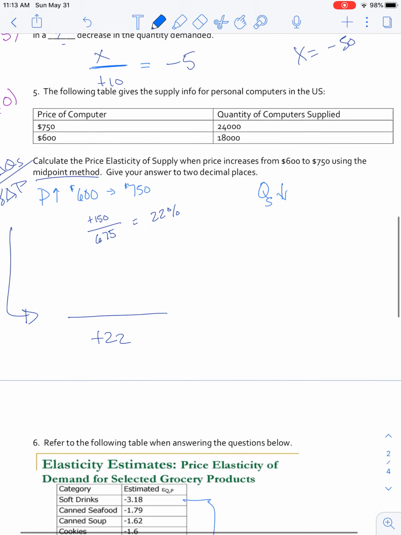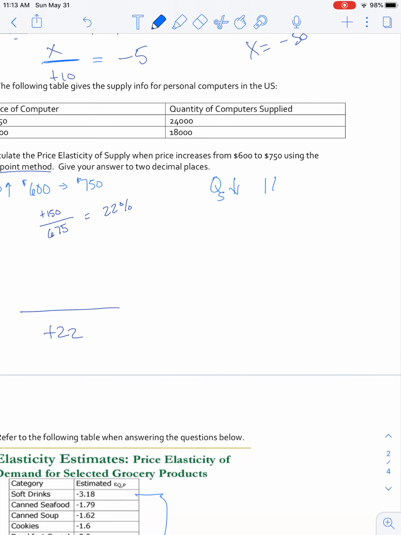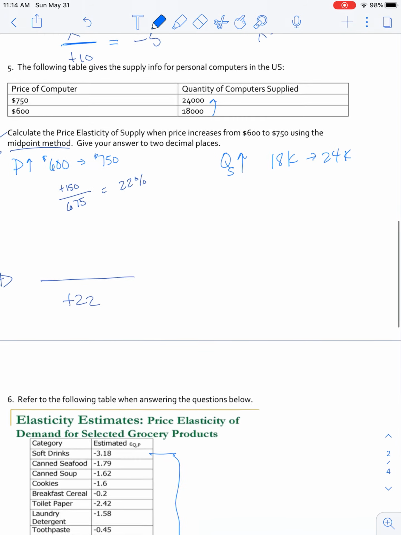And when the price goes from 600 to 750, the quantity supplied goes from 18,000 to 24,000. So I've got to fix this too. The quantity supplied goes up. Sorry about that. The quantity supplied increases, because when you go from 600 to 750, it goes from 18,000 to 24,000.